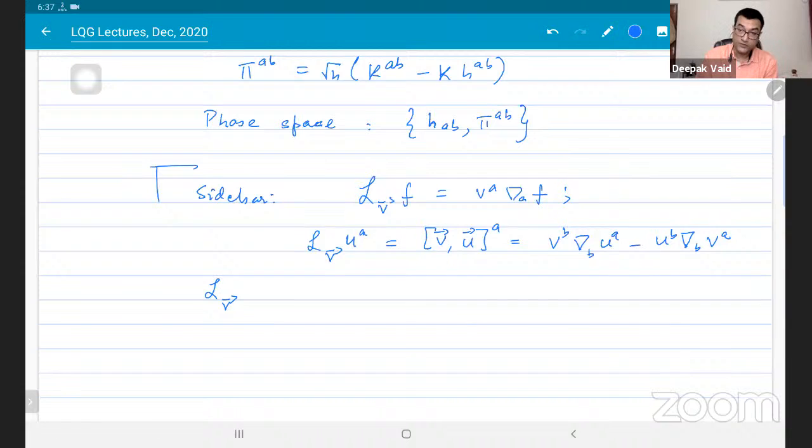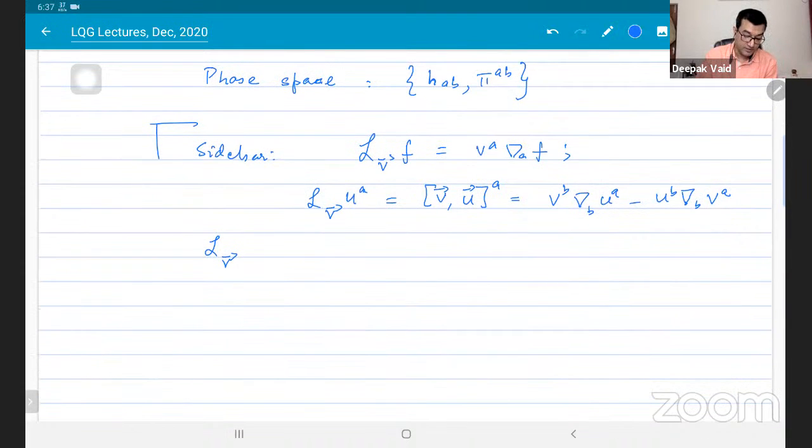In this way you can generalize this by asking, for instance, what will happen if I take a rank 2 tensor and contract it with a vector field, and what is the Lie derivative of that object?